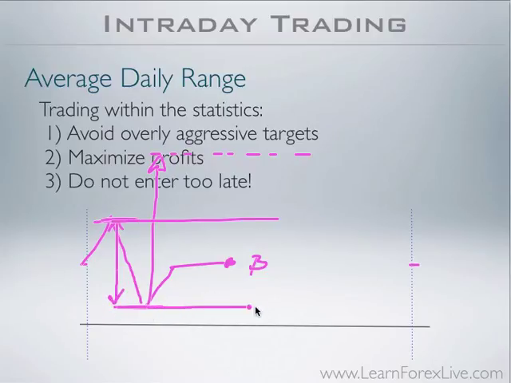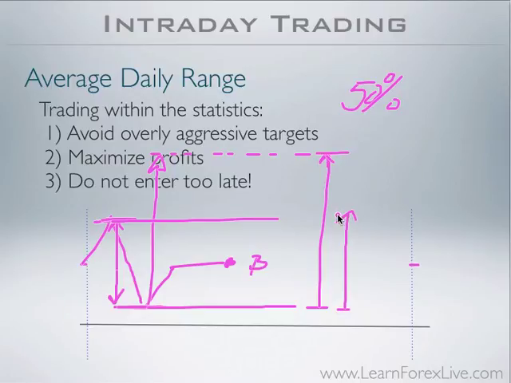And my rule of thumb: if the current day's range is beyond 50% of the average daily range, this being the average daily range, this being the current daily range, average daily range up to here, current daily range up to there, if it's beyond 50%, you don't take the trade.